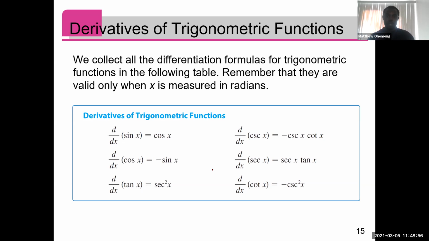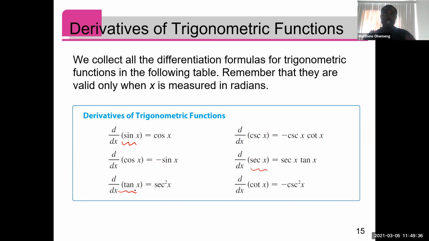So you have to memorize all these, but the pattern that I use here is this. What is cosine? It's co of sine. What is cotangent? It's co of tangent. What is cosecant? It's co of secant. So technically, for the shortcut, you just need to memorize 3: sine, tangent, and secant. Then their co-functions will be the negative of the co. If you know the derivative of sine is cosine, the derivative of cosine will be negative, co of cosine, so the cos cancel out and you get negative sine of x.